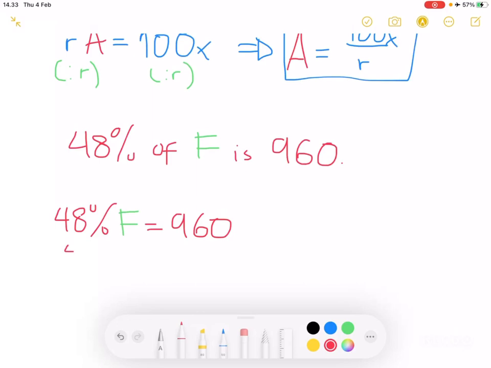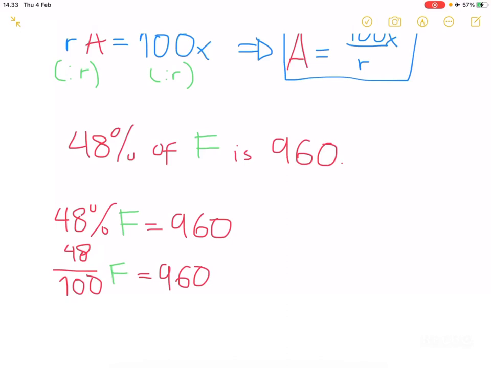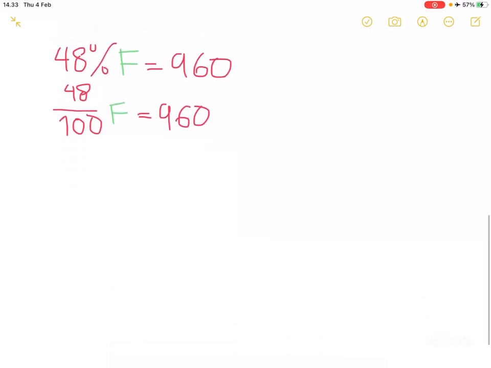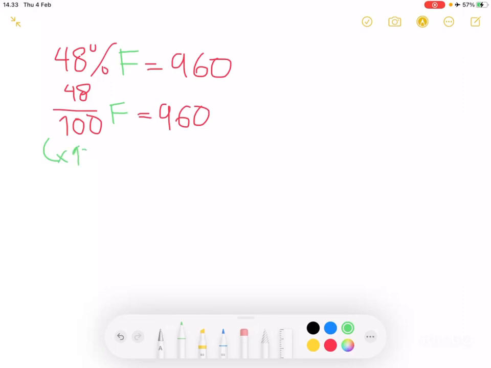So we have 48 over 100 multiplied by F is 960. And then we can just multiply both sides by 100 and later divide by 48.